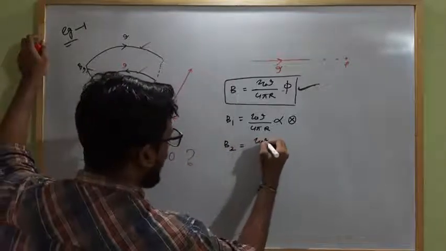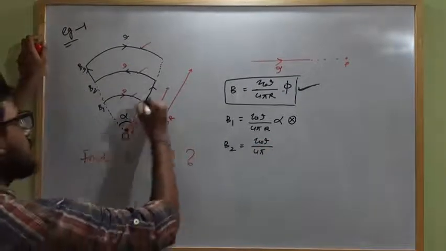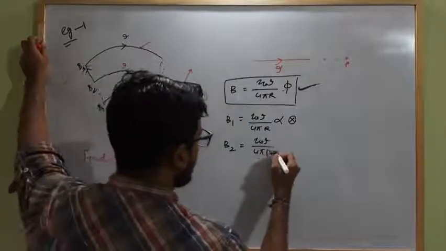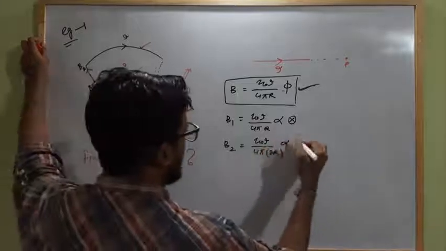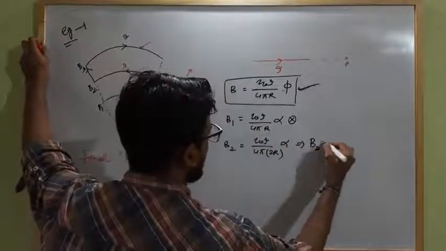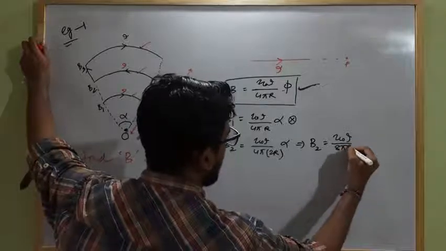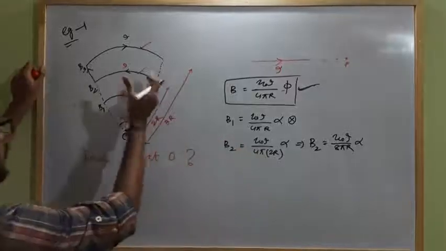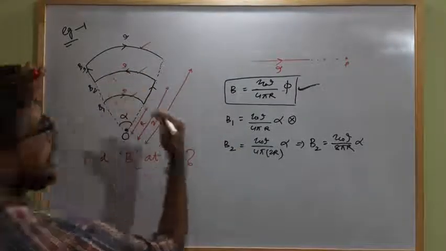Then for B2, same, mu naught I divided by 4 pi. What is the value of radius? From this to this, the radius value will be 2r, into, again the angle is alpha. This implies B2 equals mu naught I divided by 8 pi r, 2 into 4, 8 pi r, alpha. Direction: as the current is in anti-clockwise direction, the magnetic field will be outward.